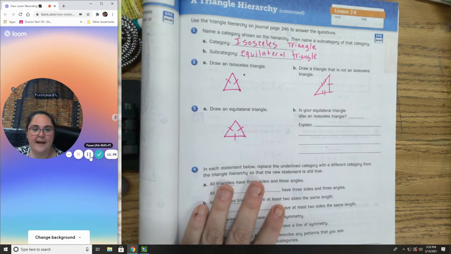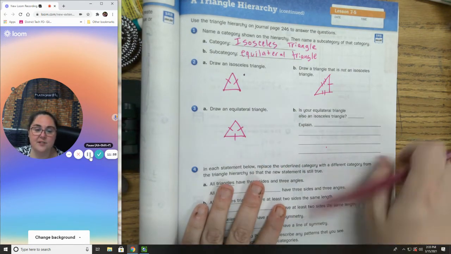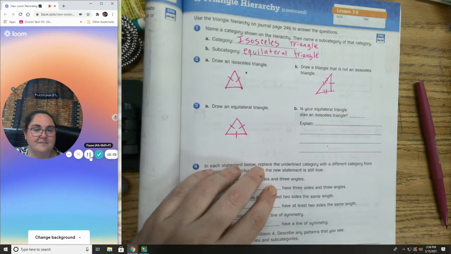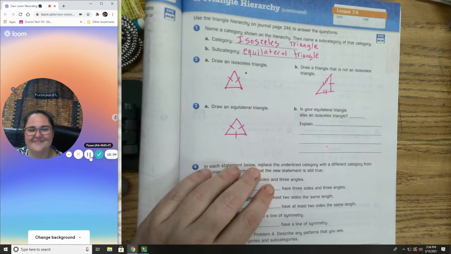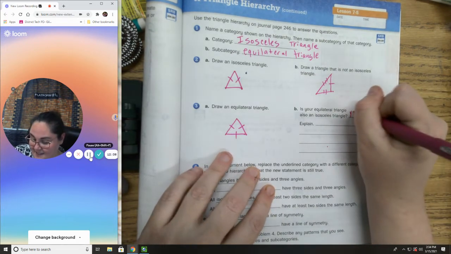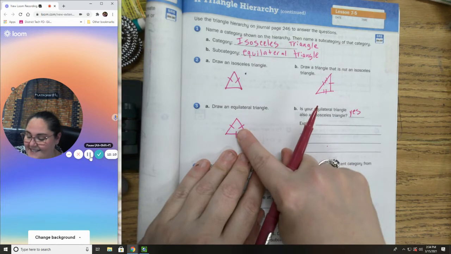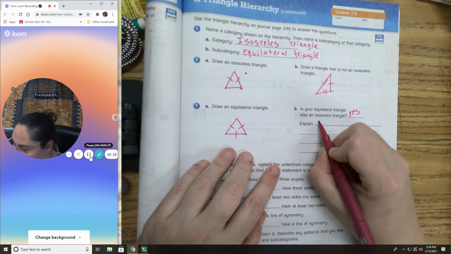Is my equilateral triangle also an isosceles? Yes or no? It is. The reason why is because at least 2 sides are the same.